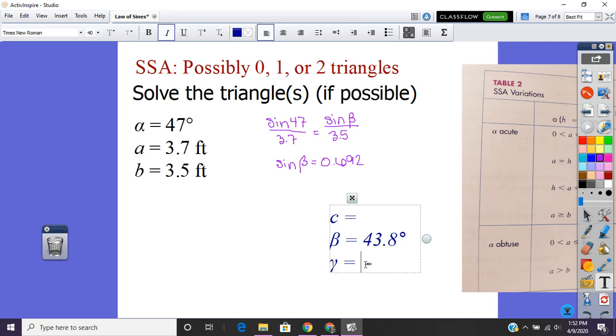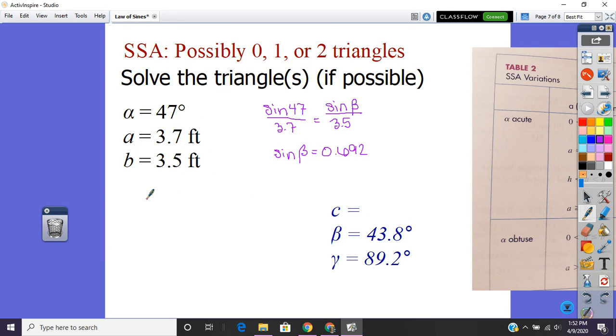Which means now I can find gamma because I've got two of my three angles. I just need to do 180 minus that 43.8 and then subtract out the 47 as well. So I get gamma to be 89.2 degrees. Now I'm going to use this to determine C. As much stuff as we can leave in the calculator, the closer to exact we'll have, so just be very careful of how you're typing things in the calculator.